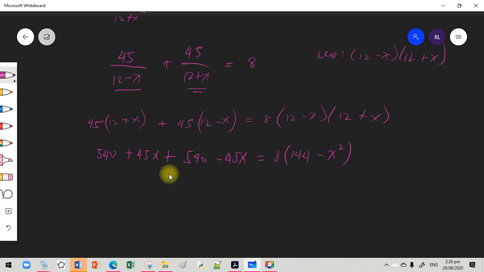The 45x terms cancel out, so we will have 1080 on the left, and on the right 8 times 144 is 1152, minus 8x squared. So this becomes 8x squared equals 1152 minus 1080.